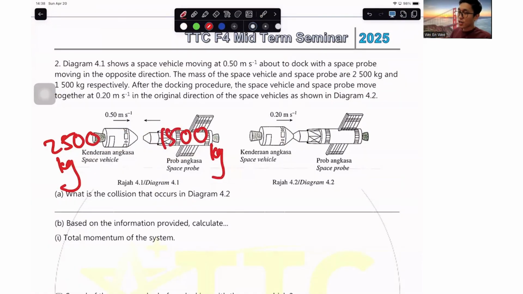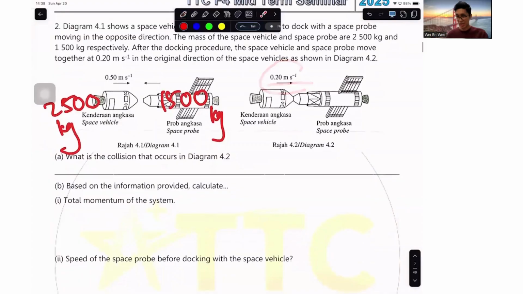After the docking procedure, the space vehicle and space probe move together at 0.2 meters per second in the original direction of the space vehicle as shown in diagram 4.2. This is after they connect together. They both move at 0.2 to the right.